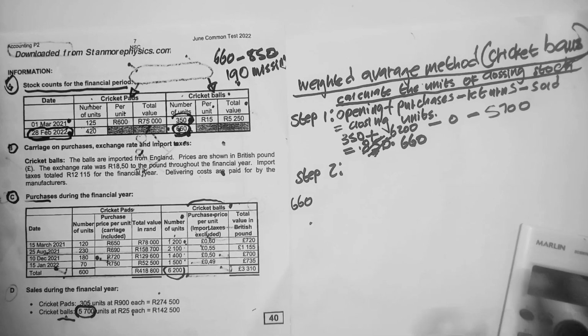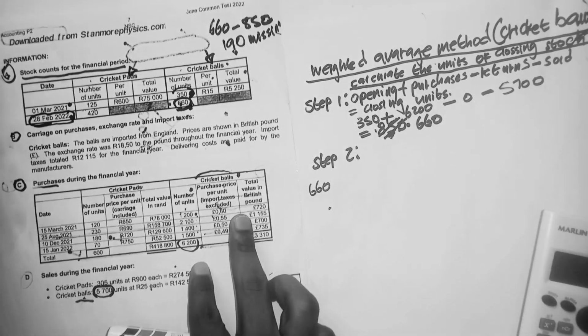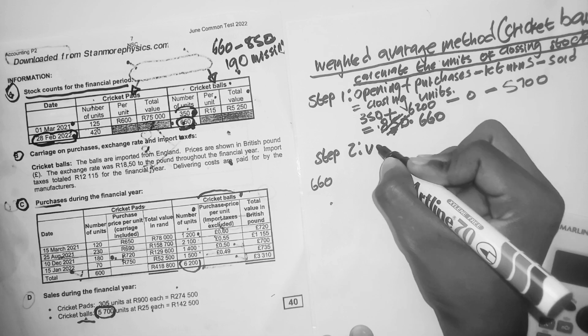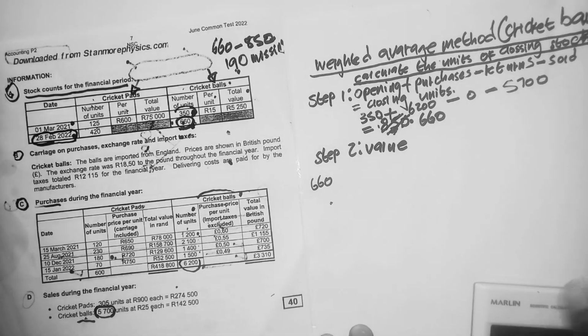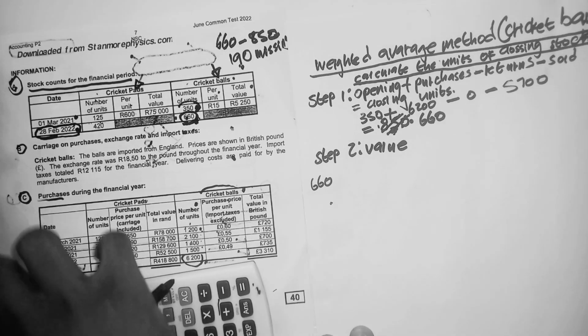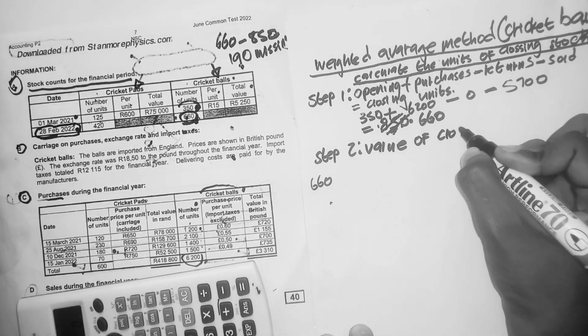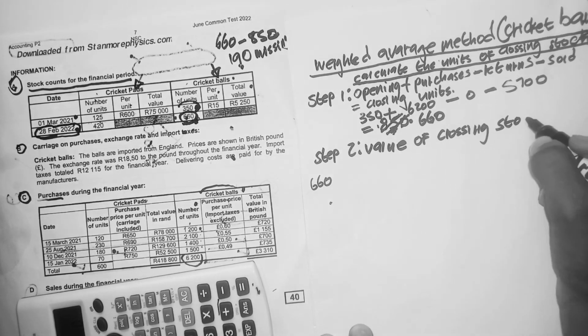Step 2, we are calculating what? Step 2, we are calculating the value of closing stock. It's not complicated, guys. It's easy.